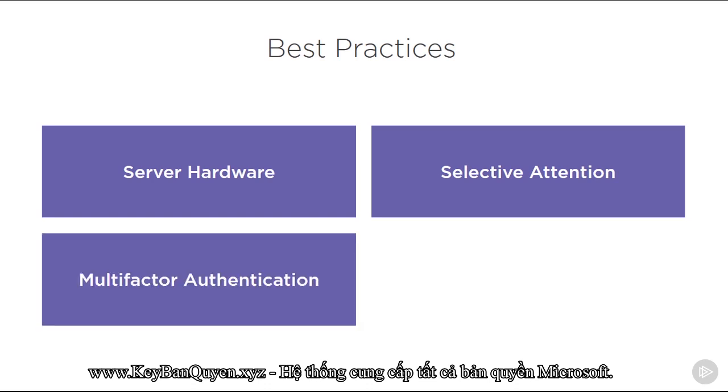Multi-factor authentication. All of the accounts in the administrative forest, except one, should require multi-factor authentication. And you can do that by using smart cards or another secondary authentication mechanism, such as Duo, which is available on your smartphone. One account should be accessible using only a password in the event of a problem with the multi-factor authentication mechanism.